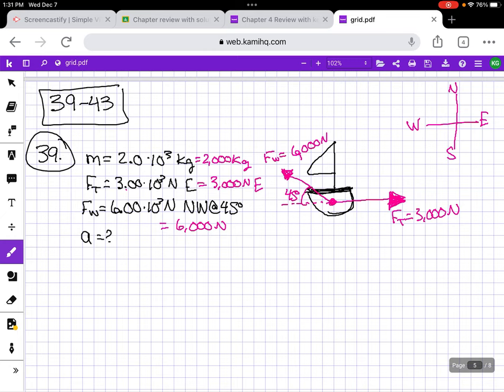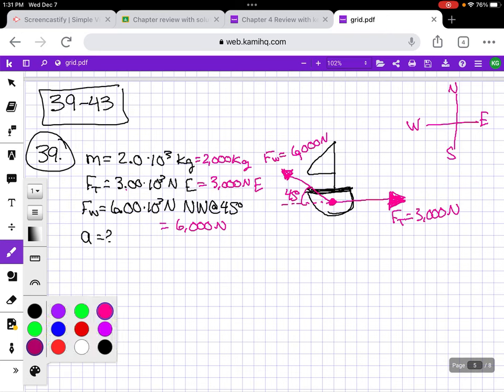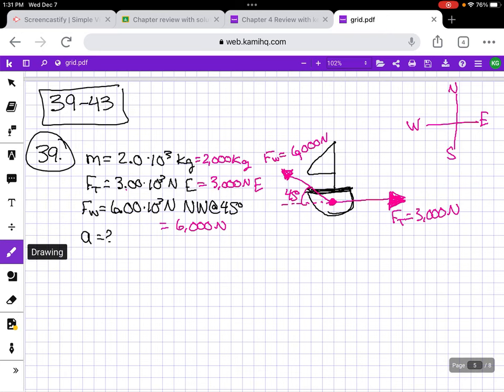Alright, so we first need to find what is the resultant force. So we are going to resolve these guys down, add them together. So resolving that guy, I'm going to use another color here. We are going to have the force of the wind in the x and the force of the wind in the y.